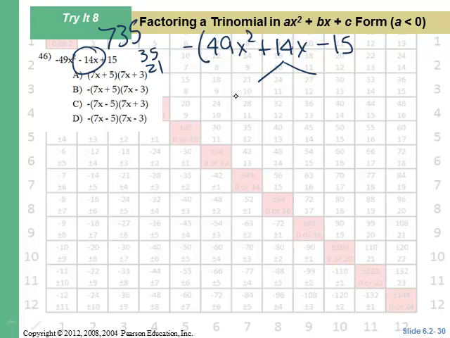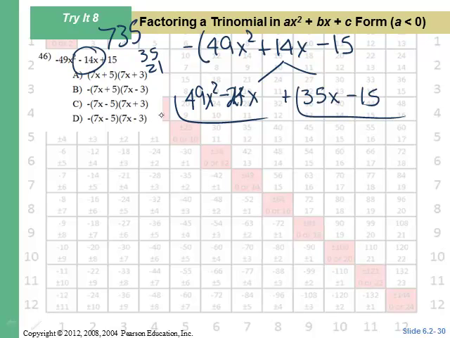So it'll be minus 21x plus 35x minus 15, 49x squared. Take a 7x out of the first ones.